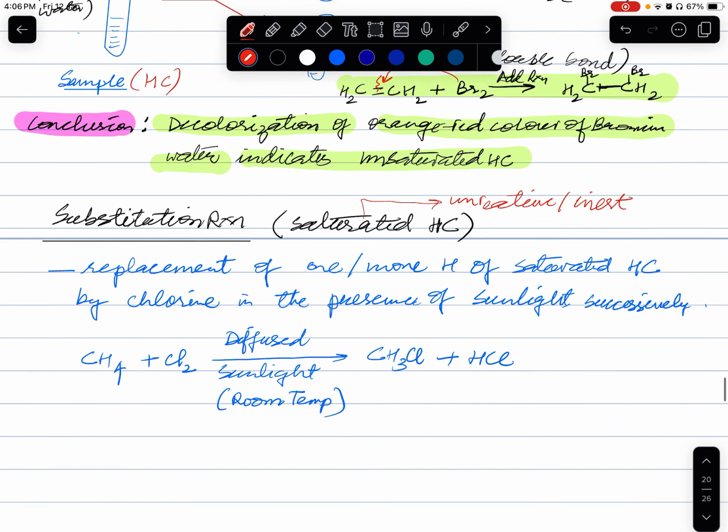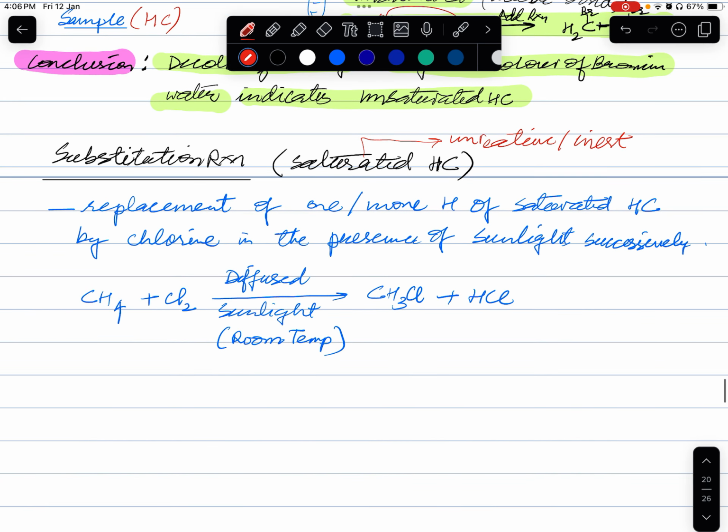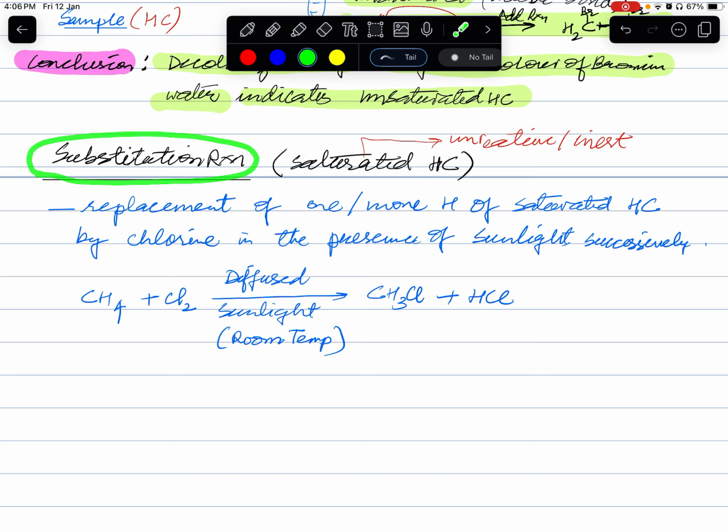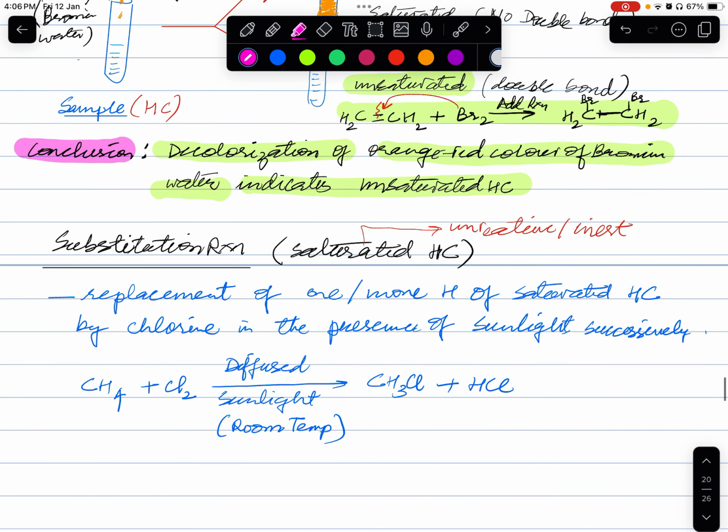The next reaction is the substitution reaction. As the term suggests, what is the meaning of substitution? Substitution means one substance is displacing another substance from its place. And substitution reaction is a characteristic property of saturated hydrocarbons.